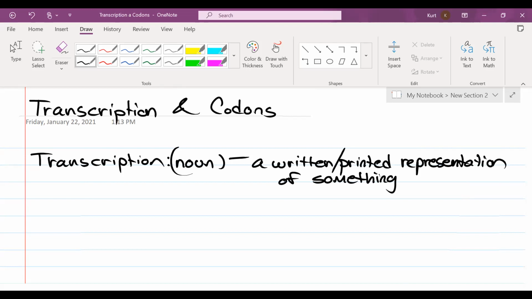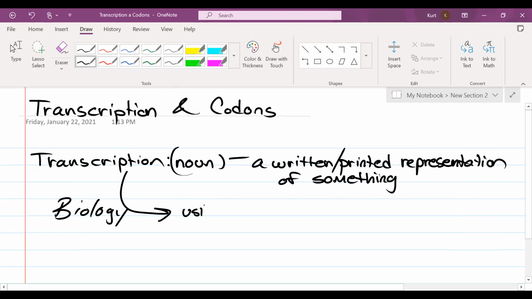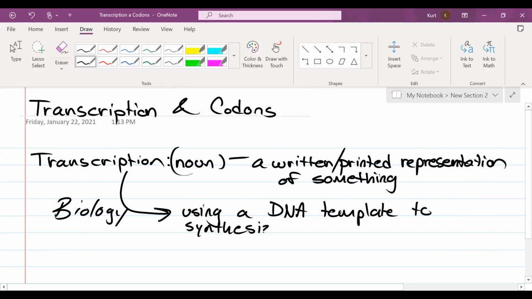So in biology, transcription is using a DNA template to synthesize an mRNA complement.